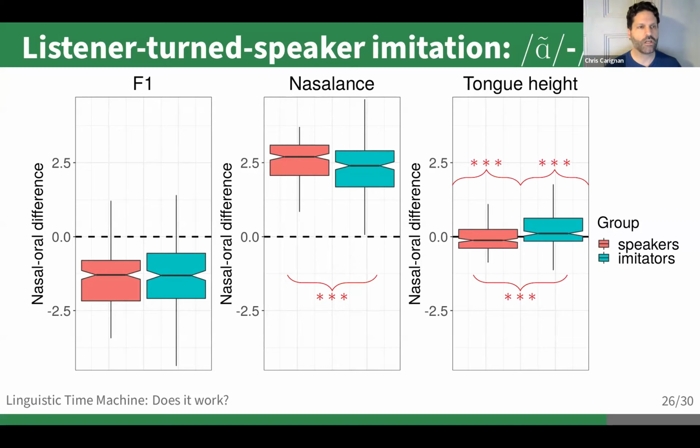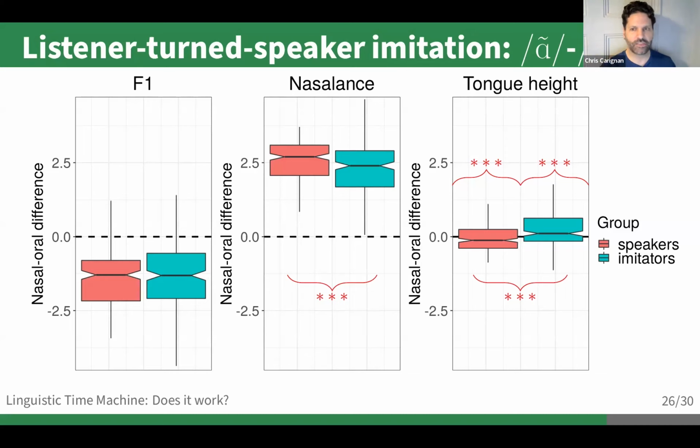This is really important. What this means is that the French speakers produced the nasal ah with a lower tongue position, not hugely so, but statistically significant. A lower tongue position than the oral ah. However, the imitators produced a higher tongue position for the nasal ah compared to the oral ah.